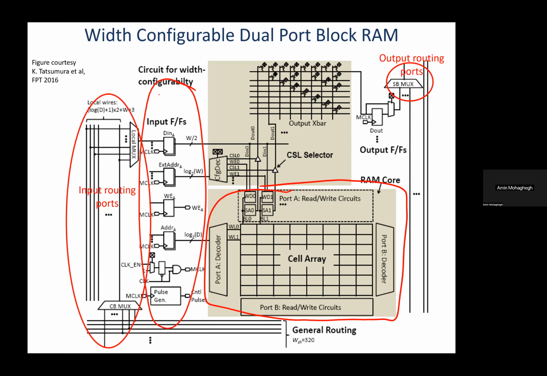It turns out to be almost impossible to design those if you just say people can activate the RAM at any arbitrary point. If you say all the inputs have to be registered, it's much easier to build the RAM, because you can say everything starts at a clock edge, and I build circuits that will produce pulses some amount of time after that clock edge to control various things.